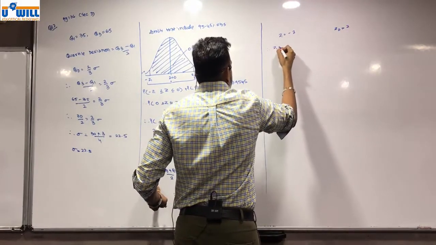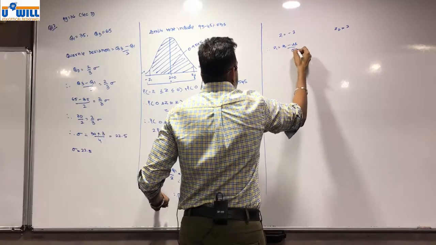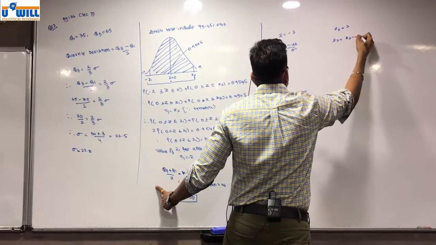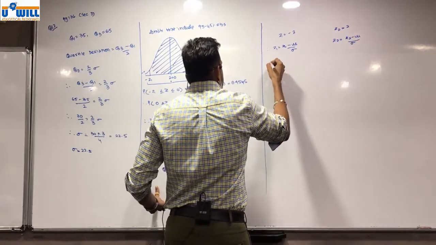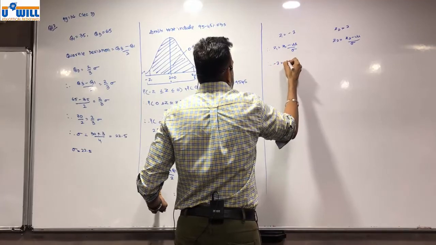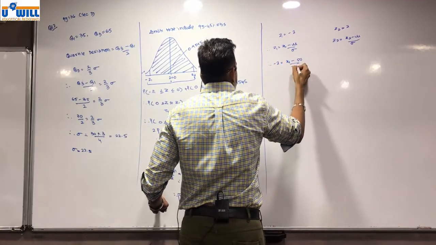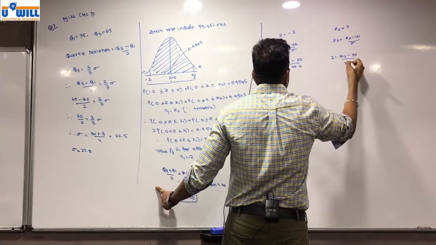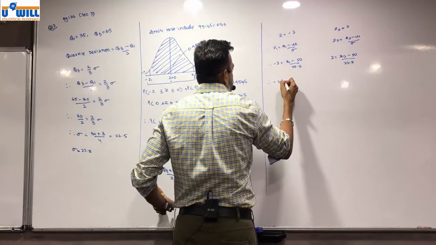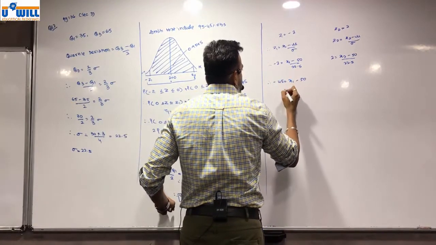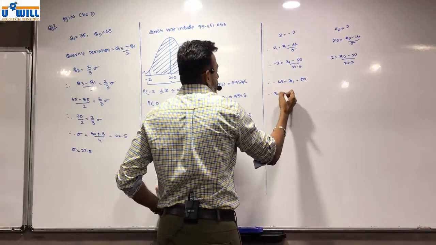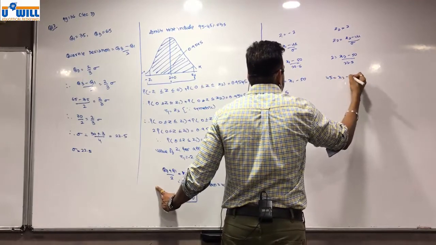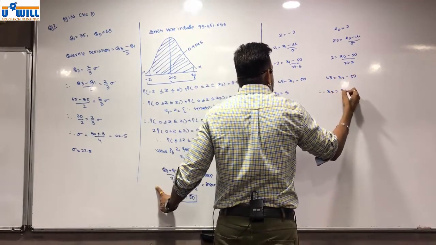Therefore, Z1 is equal to x1 minus mu upon sigma and Z2 is equal to x2 minus mu upon sigma. Therefore, minus 2 is equal to x1 minus 50 upon 22.5 and 2 is equal to x2 minus 50 upon 22.5. Therefore, minus 45 is equal to x1 minus 50. Therefore, x1 is equal to 5 and plus 45 is equal to x2 minus 50. Therefore, x2 is equal to 95.